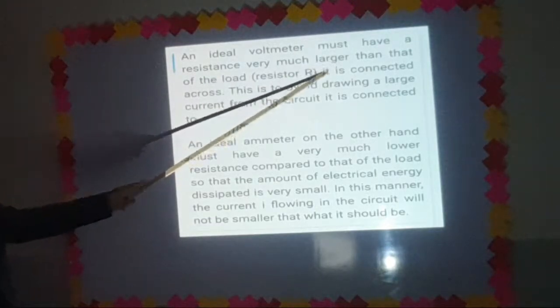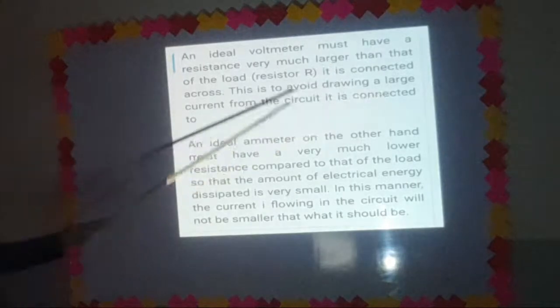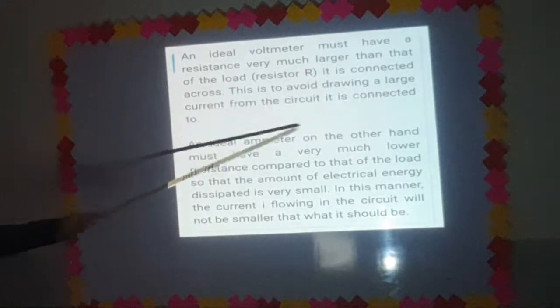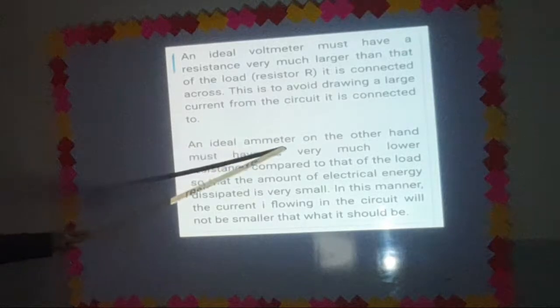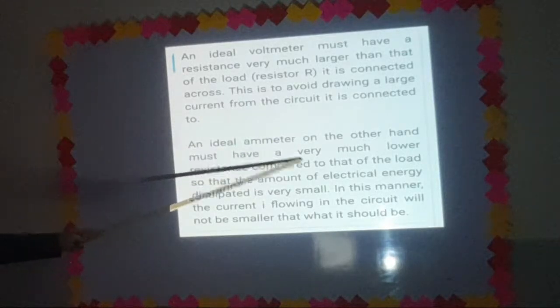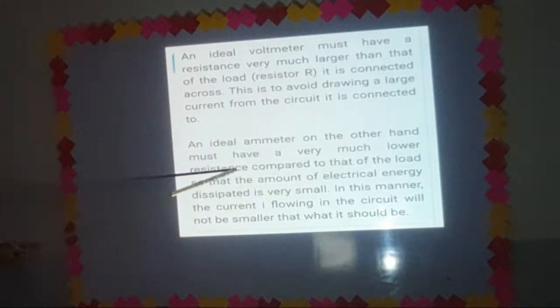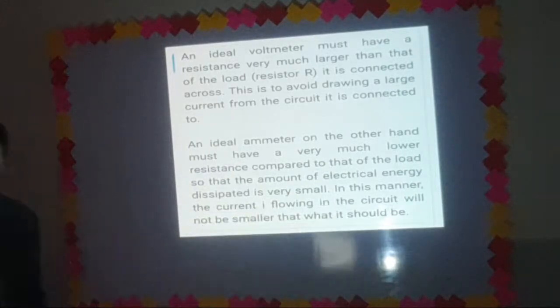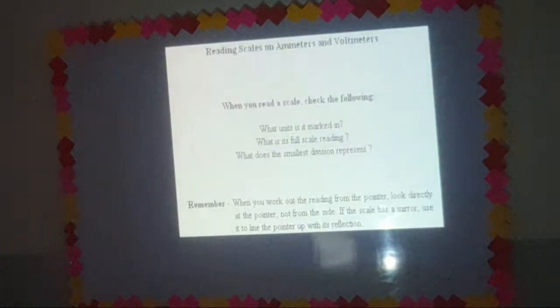Why? To avoid drawing a large current from the circuit. While an ideal ammeter must have very low resistance so that the whole current may pass through the ammeter. So keep in mind the resistances of ammeter and voltmeter.